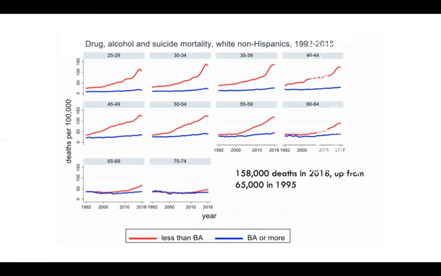And that's the drug, alcohol, suicide mortality of whites, for the most part whites. And you can see in this case, based on the age groups, as people are younger, generational, you begin to see the differences that are very, very pronounced between the bachelor's degree and those without the bachelor's degree. Again, a workforce development issue.